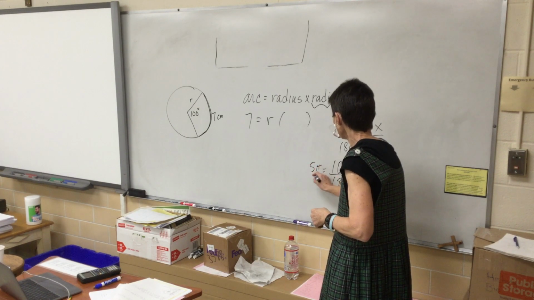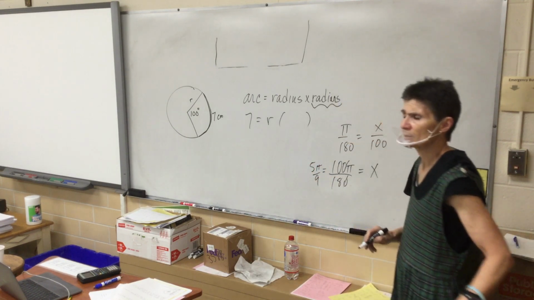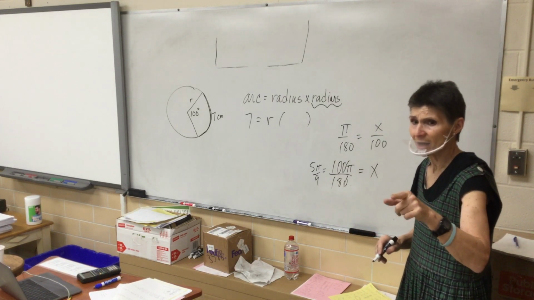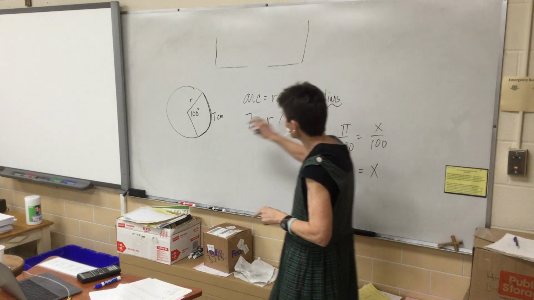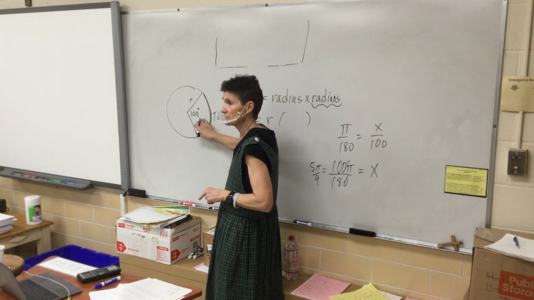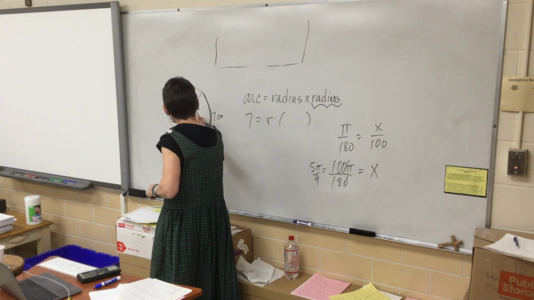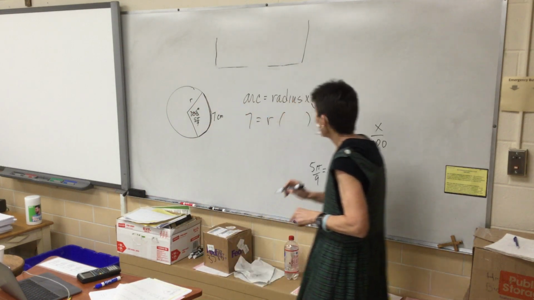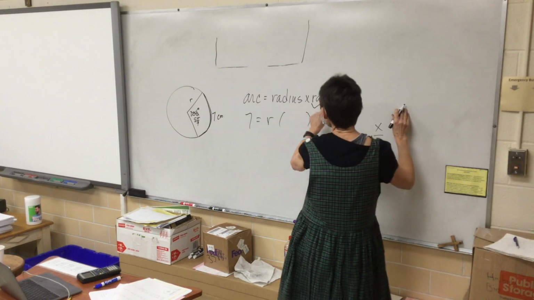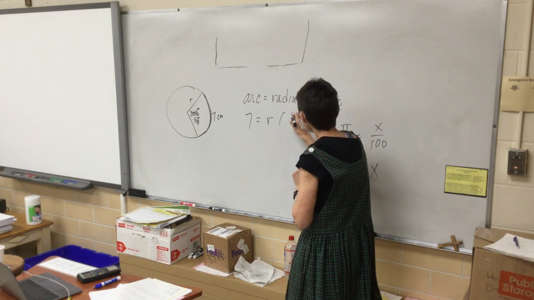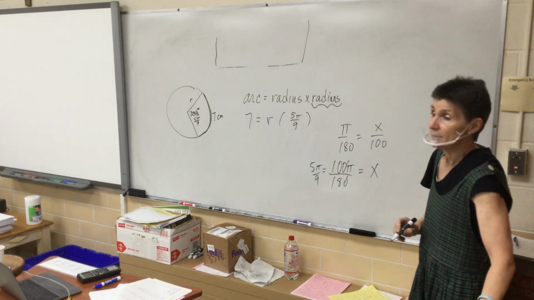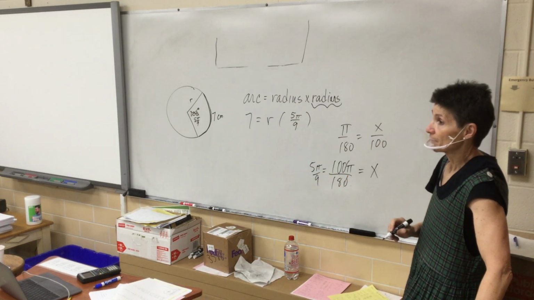Did you get 5 pi over 9? Yep. Now that is not the answer. 5 pi over 9 is the radian measure of this angle. So instead of being 100, I'll think of it as 5 pi over 9. And now I can plug it in for the radians here, 5 pi over 9. And now I'll solve for r.